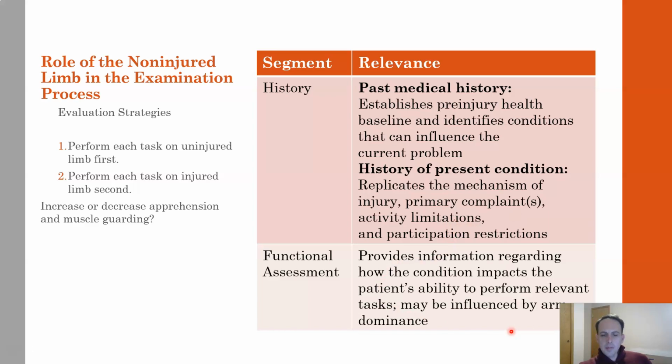Also with that, in the functional assessment component of the examination, we can use the uninjured limb to help provide information regarding how specifically the condition is impacting the patient's ability to perform their variety of tasks with that.